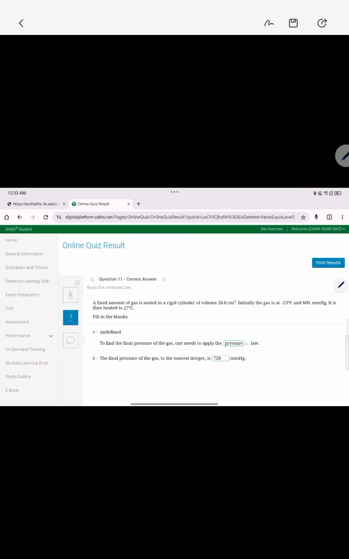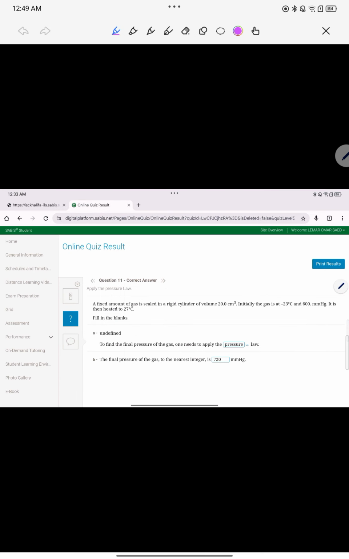Pressure law here. Basically in pressure law, volume is constant, okay? So we have to apply the rule, which is P1 over T1 equal P2 over T2.